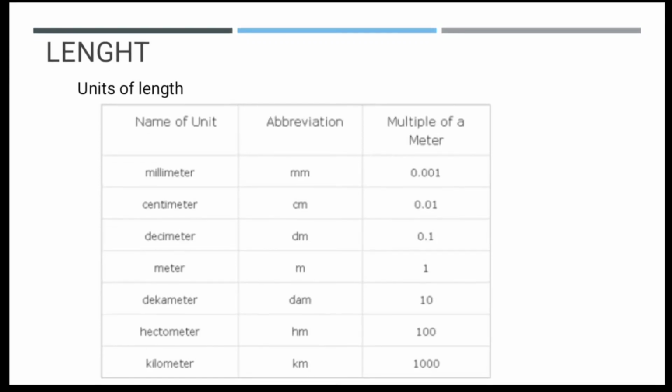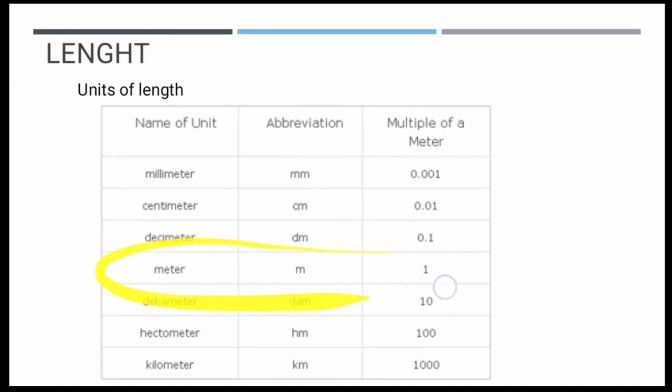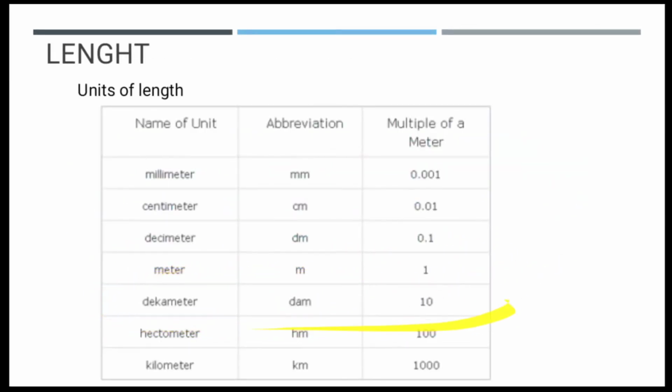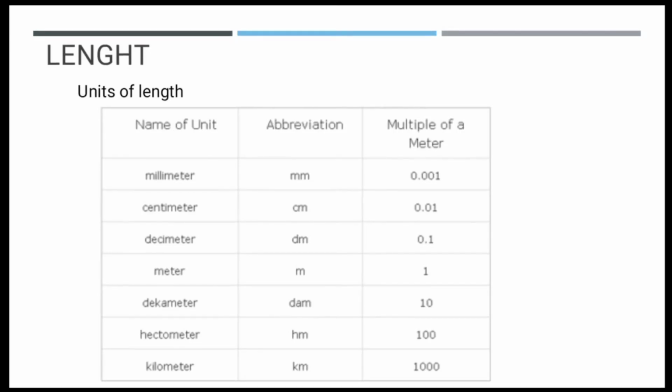Okay? As you can see, we just move the decimal point for us to find the equivalent of that measurement in other units of length. So from meter to decameter and the other units of length, you just have to move the decimal point.